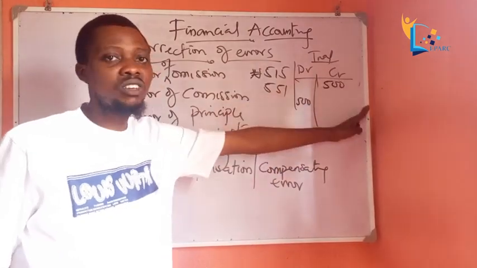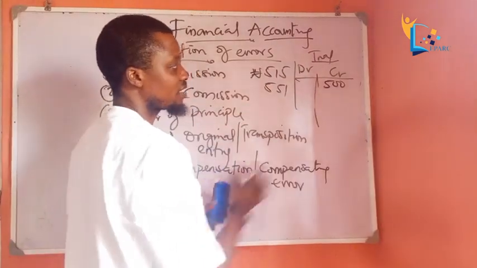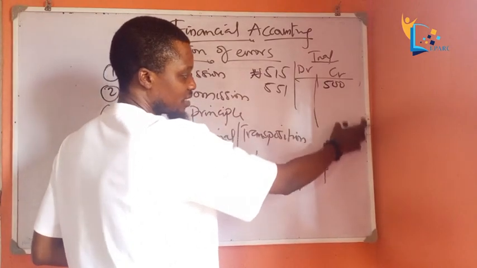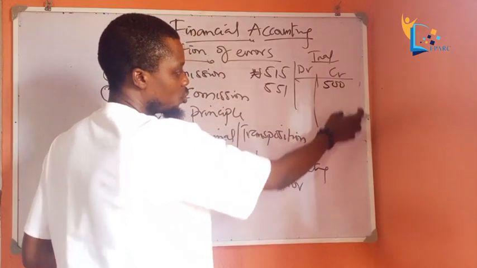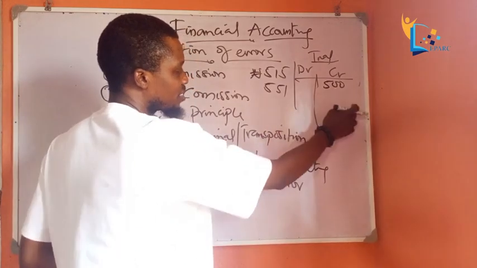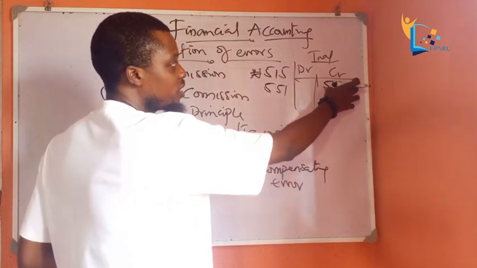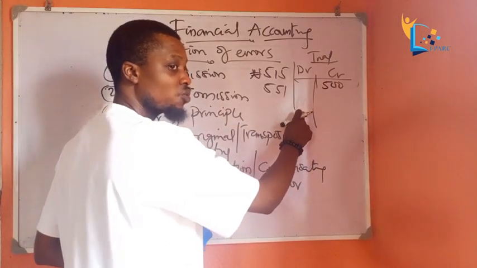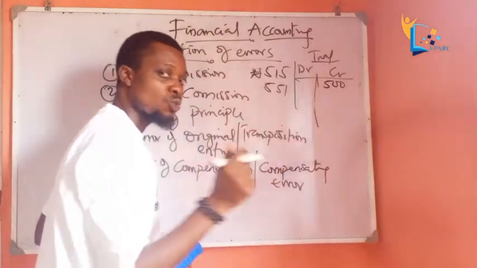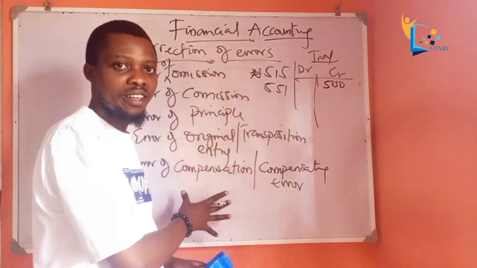But if we only have 500 on one side, and you finish summing up, you will notice that the credit side will be more than this side by 500, because only sales was overcasted and salaries was not. So that is when that error will affect the trial balance, but that error is not here.